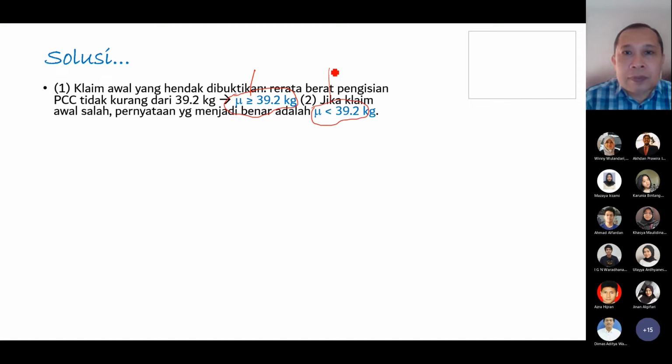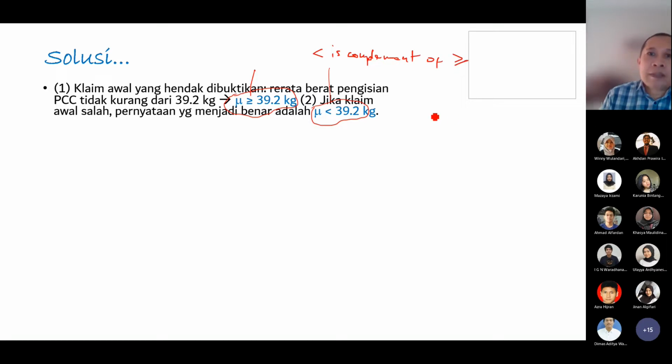If you remember our Boolean algebra, this one is the complement of the first. So if this one is not true, then the one that becomes true is this one, of course.